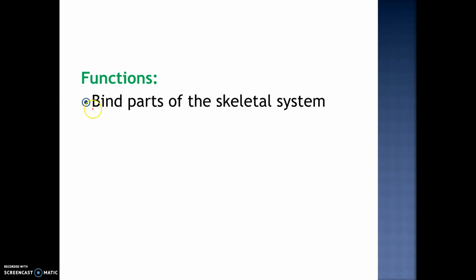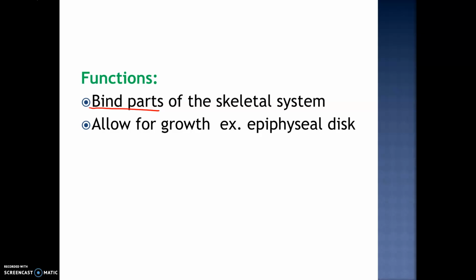So different functions that we're going to see. They bind our parts of the skeletal system, bind our different bones. They allow for growth. So one of our joints would be an epiphyseal disc. That's something that we would consider to be a joint here. They allow our body parts to move. So our bones are not fused together, which we know.